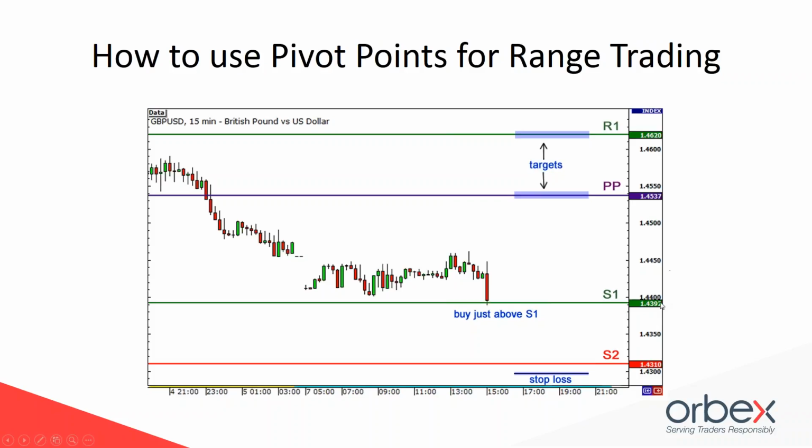But for the short term, 143.90, I would be interested to start buying around that level. At the same time, the stop would be right below the S2. I'm talking about a very short term period here, which is during the day.